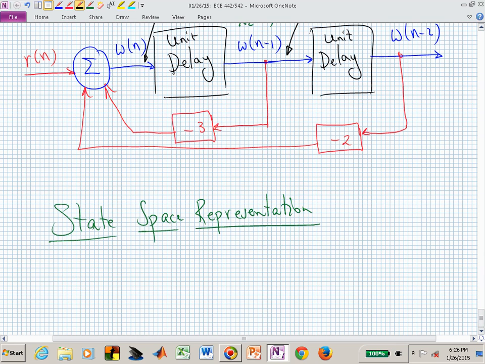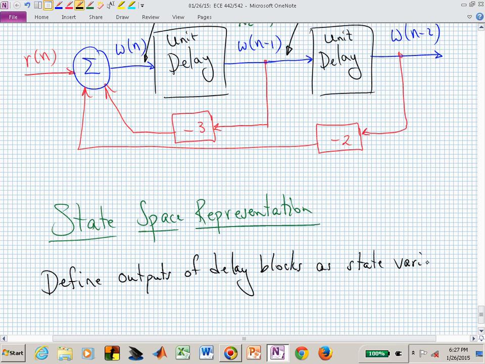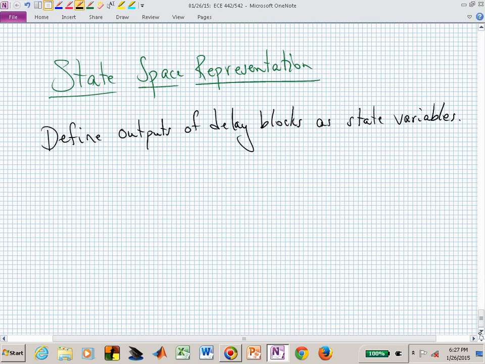To obtain this state space representation, all I needed to do was define outputs of these delay blocks as state variables, which now allows me to write down equations for x sub 1 of n plus 1 and x sub 2 of n plus 1.